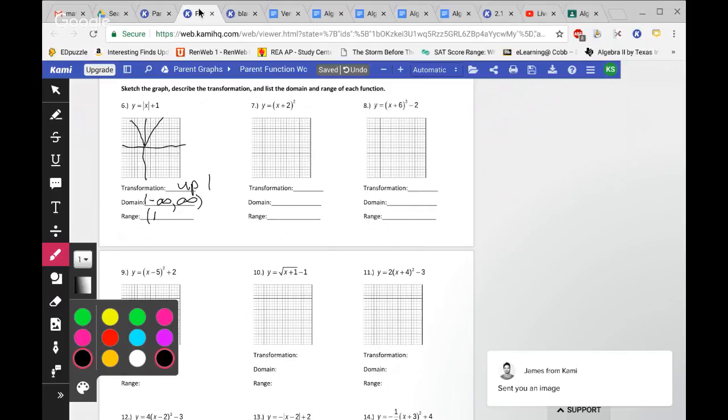Well, I didn't write my graph. Hold on. Okay, the domain: all x's are going to be a possibility because the two rays are going to continue on and on forever and ever and get wider and wider. Okay. Domain is negative infinity to infinity.